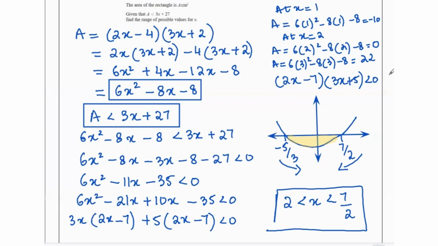Any value after x equals 2 would give us a positive value for area. Any value before x equals 2 would give us a negative value. And at x equals 2, it's going to be area equals 0, which is also not possible. Hence, x has to be greater than 2, but it has to be less than 7/2 because that's the maximum value of the range. Hope this makes sense.